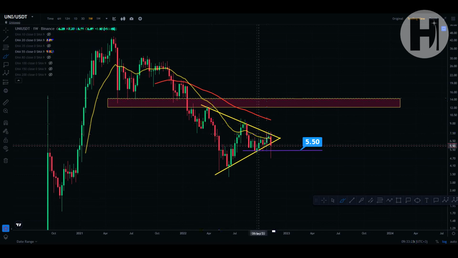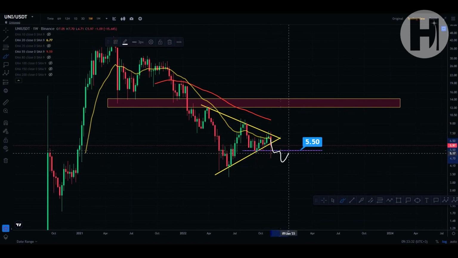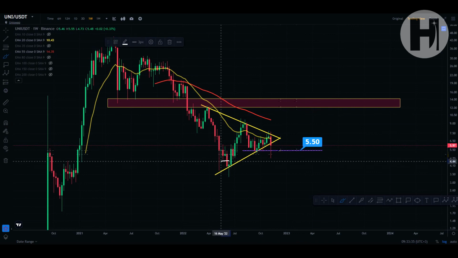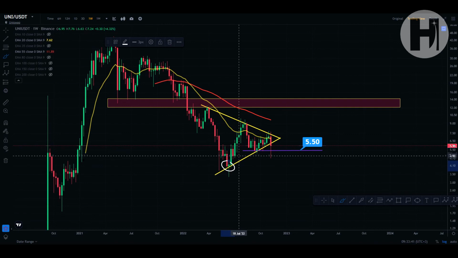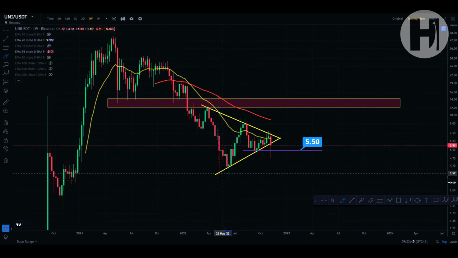That's if we start breaking to the upside or bouncing off the purple trend line. But if we start losing this and hitting our head on it, then I would expect us to come back down to 5.4, or actually, let's see what it says here. So 5.2, 5.3, 4.8, and $4. These would be great buying opportunities for Uniswap.